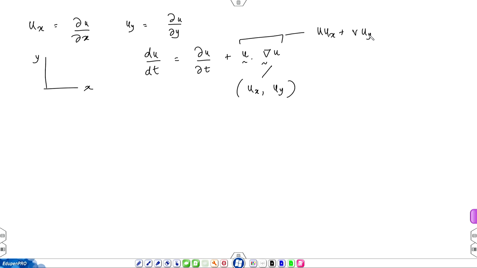You will agree with me that du dt, that total derivative on the left hand side, looks simple and elegant, but it has to be evaluated along the flow direction. But that flow direction is not known to you to start with, that is what you want to find out. So, the left hand side is not in a form that can be evaluated.